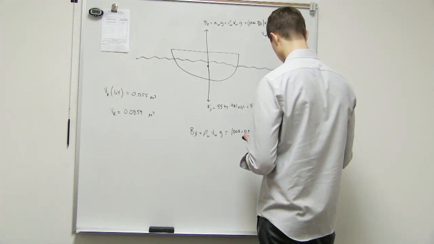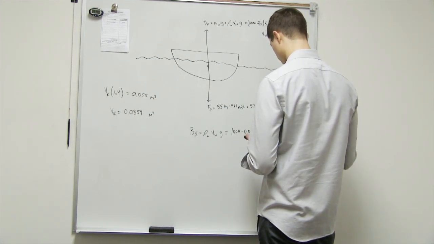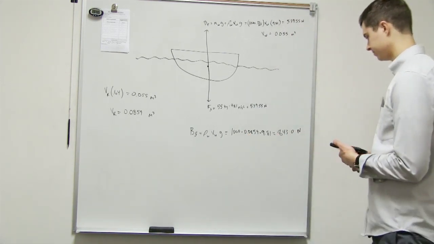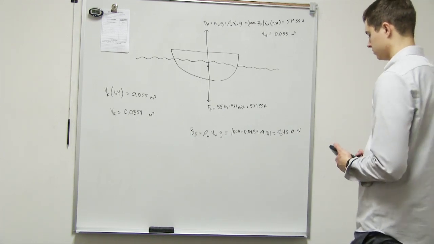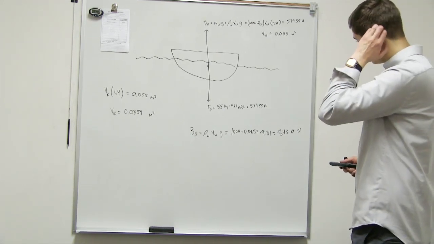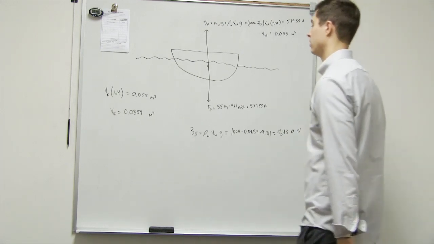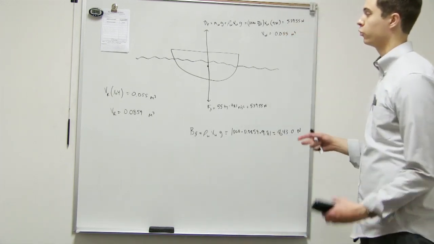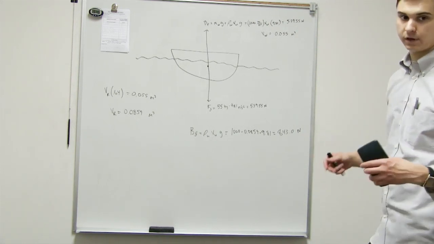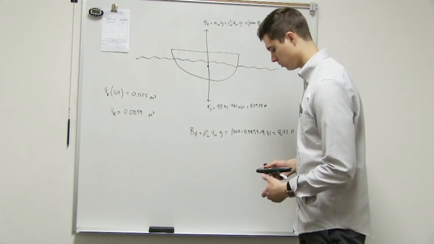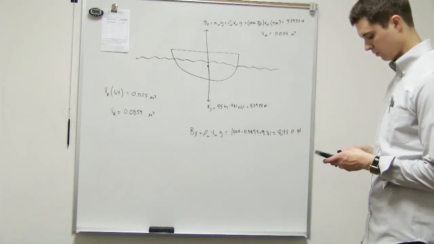The maximum buoyant force that we could observe would be 843.0 newtons of force. Now all you have to do is divide that by gravity, and you get the total mass of the raft and sand. Then you subtract the 55. So we divide that by 9.81.